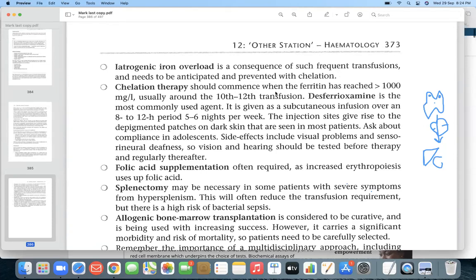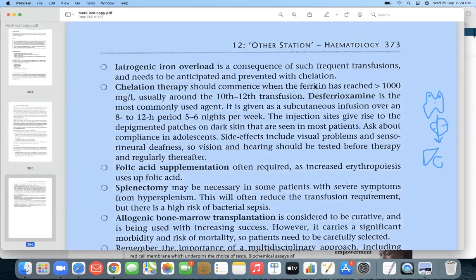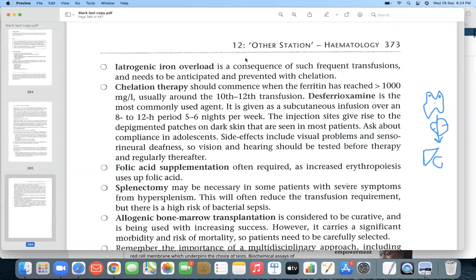Chelation therapy should commence when ferritin is more than 1000 milligram per liter, usually around the 10th to 12th transfusion.